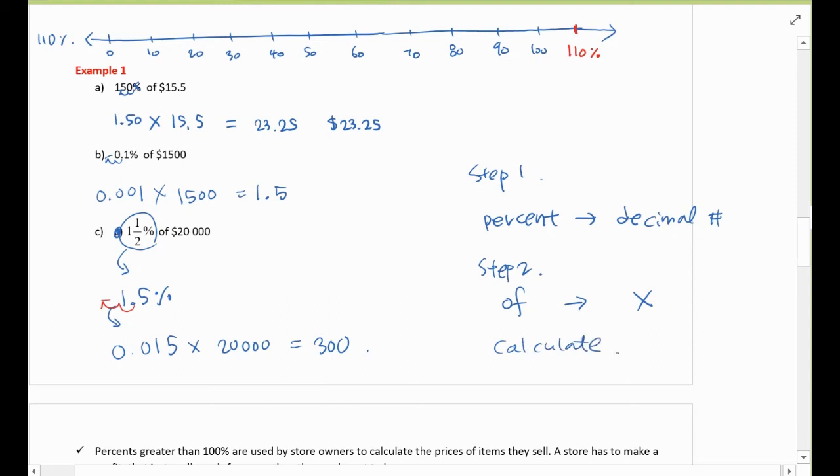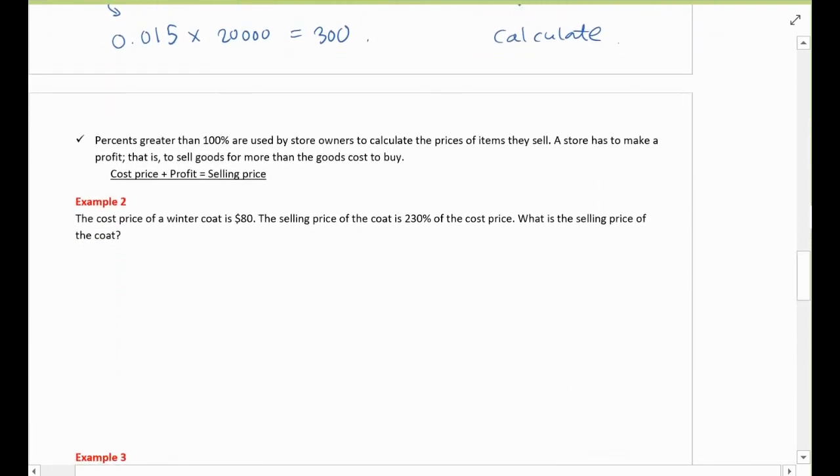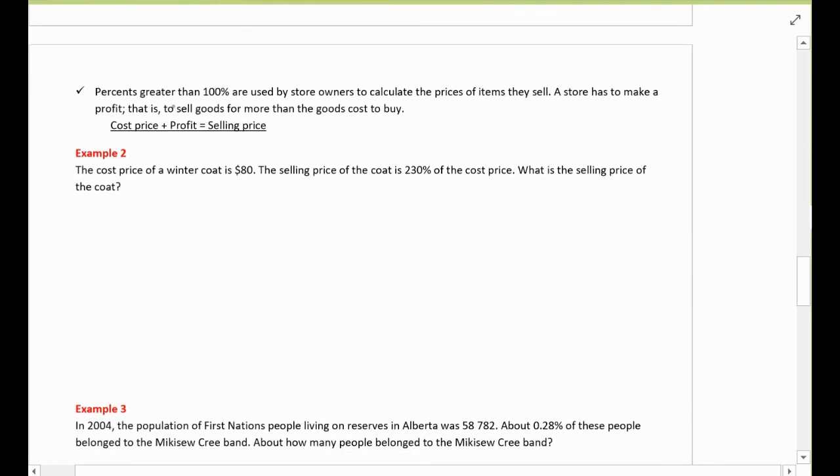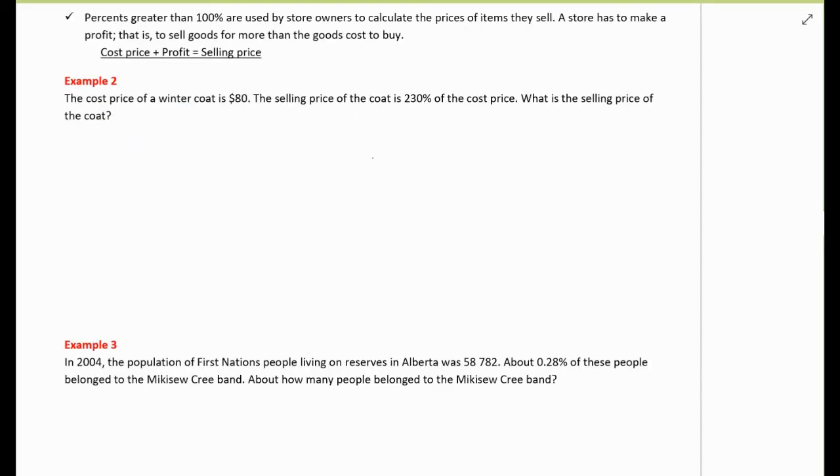Okay, let's move on. Percent greater than 100% are used by store owners to calculate the price of items they sell. A store has to make a profit, that is, to sell goods for more than the goods cost to buy. So cost price plus profit is the selling price.